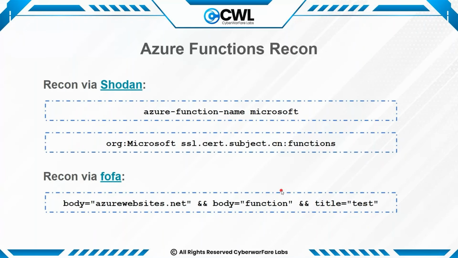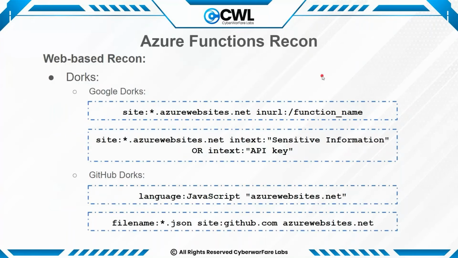We can also collect information by using Google and GitHub dorks. In the first dork, we are searching for the Azure function with the given function name. You have to enter the function name here.